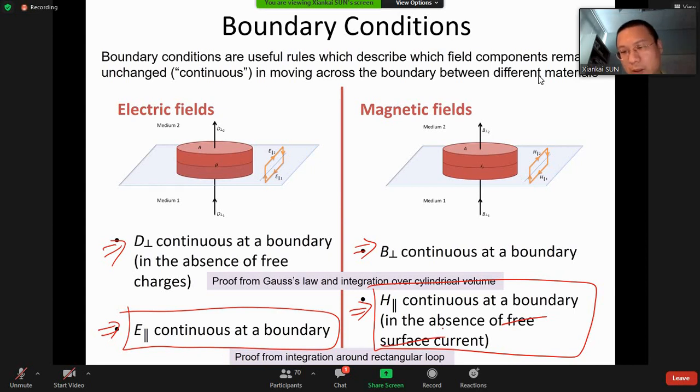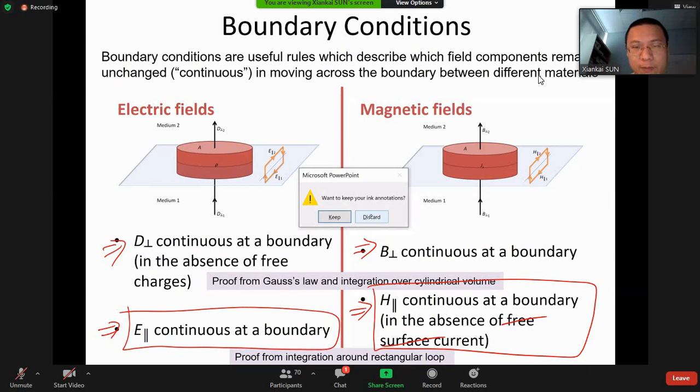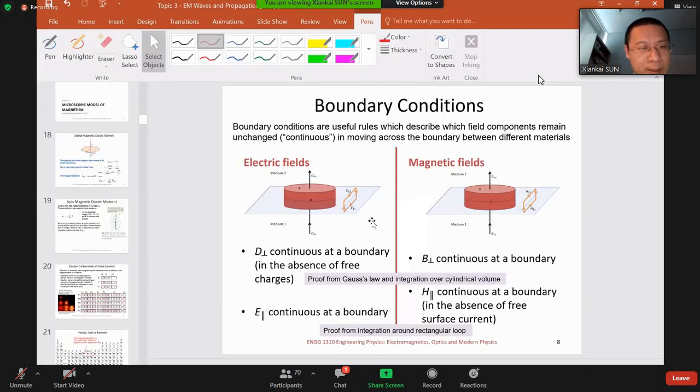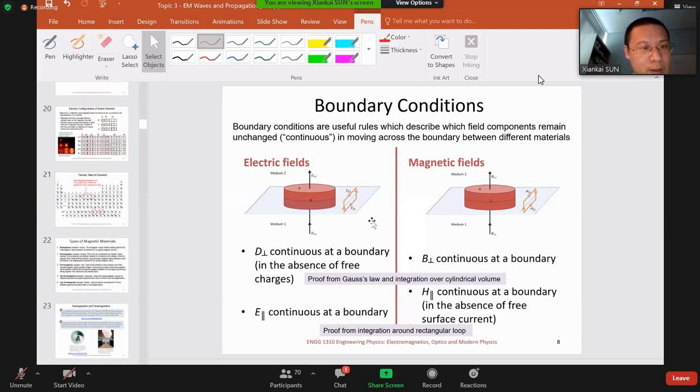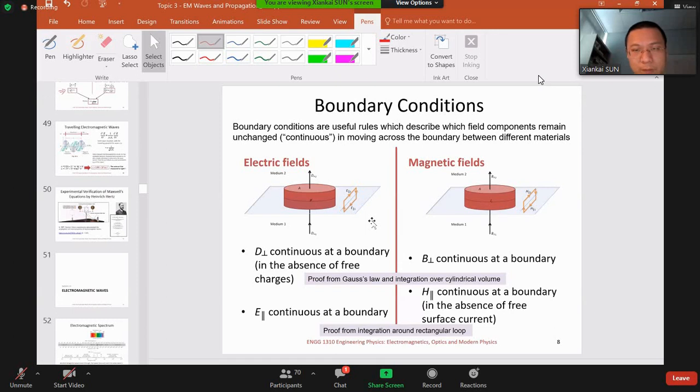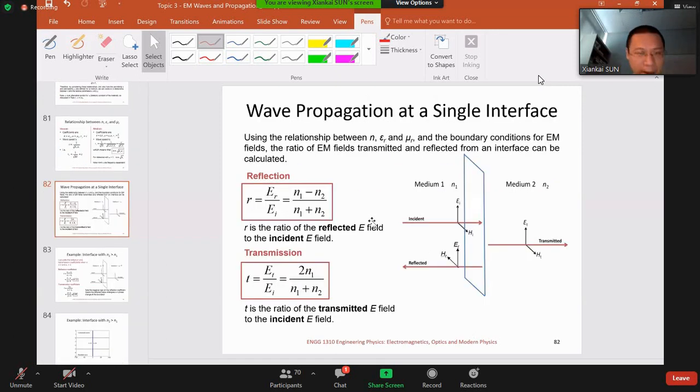So that satisfies this continuity requirement for the parallel component of H. Okay, so let us come back to page 82. So we want to derive the relationship between ER and EI, and also ET and EI.